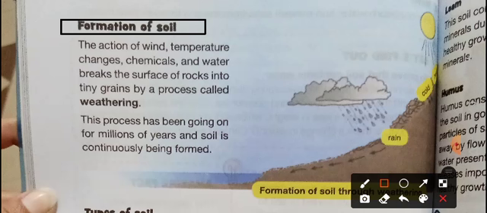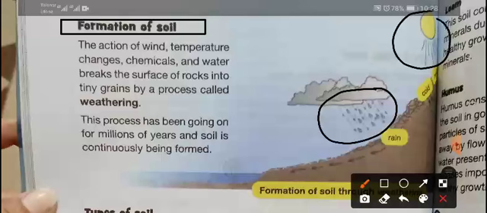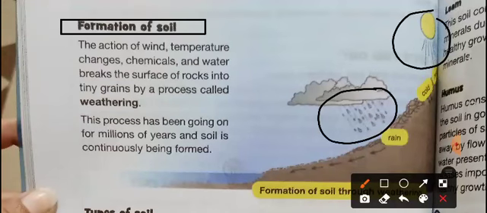Let us start reading. Keep your pencils ready and start underlining. The action of wind, temperature changes, chemicals and water breaks the surface of the rocks. Look at the picture on the page. Can you see? Here is a big mountain. The rain is falling onto the mountain, the sun is shining onto the mountain. So, what happens with the passage of time when rain keeps on falling and the sun keeps on shining on these mountains?